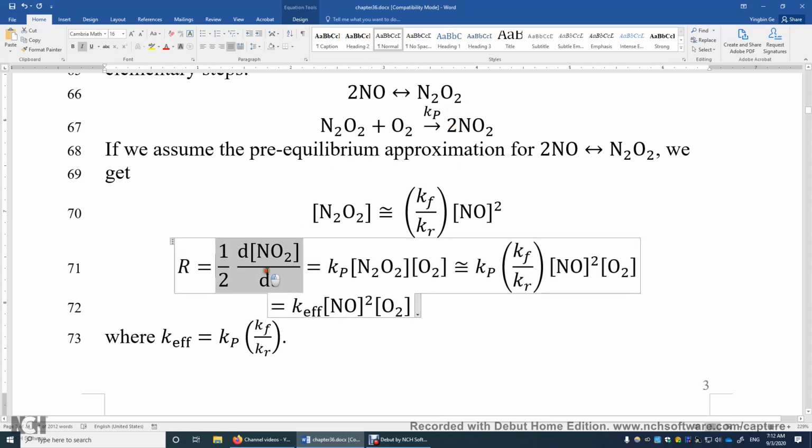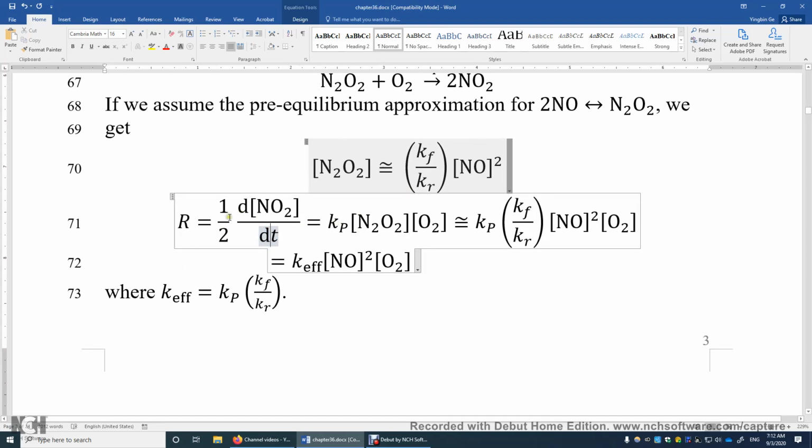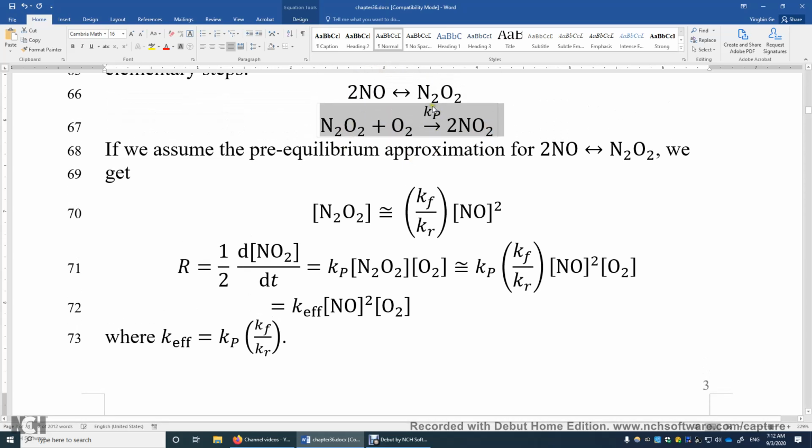So again, let's get back to this. We can write out this differential equation here. It's going to be Kp times N2O2 times O2, assuming this is an elementary reaction. This is second order, so it's Kp times this reactant to the power 1 times this reactant to the power 1. And then N2O2 is an intermediate.